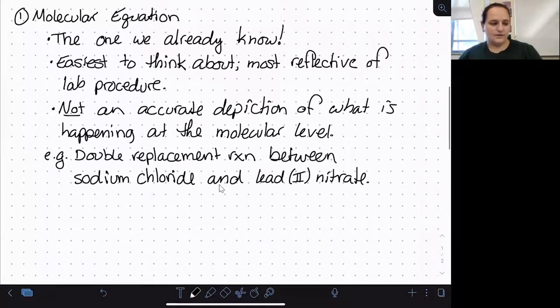So if we want to write this out, we'll need to come up with the formulas for our two reactants and then swap partners to get our products.